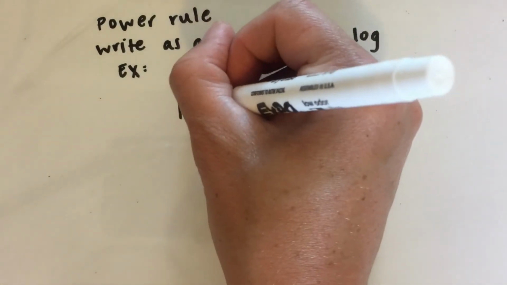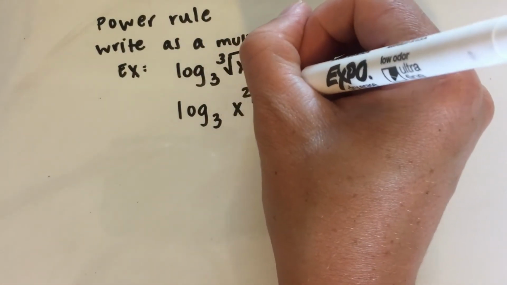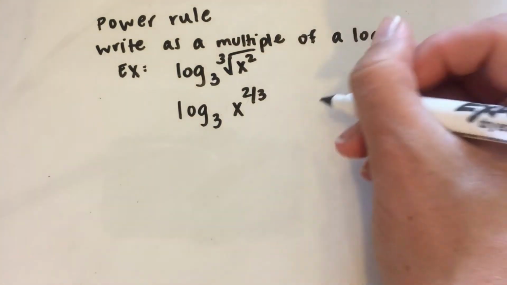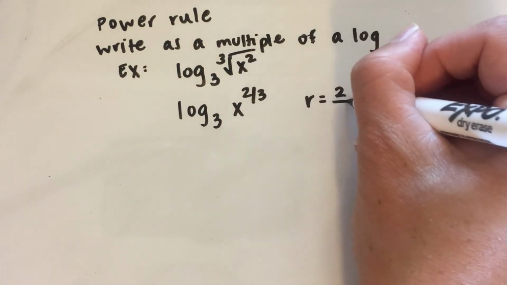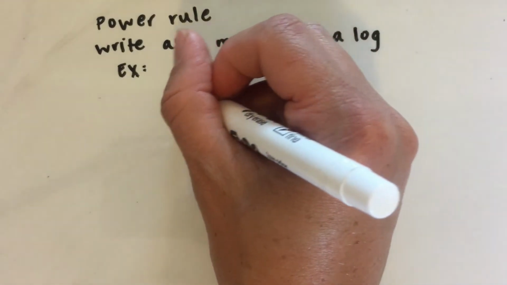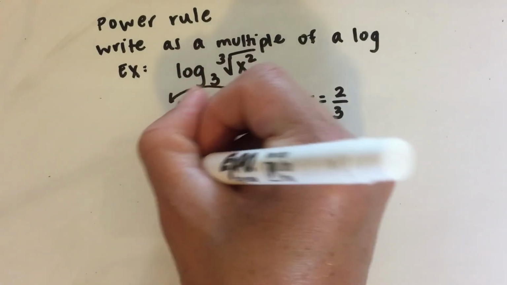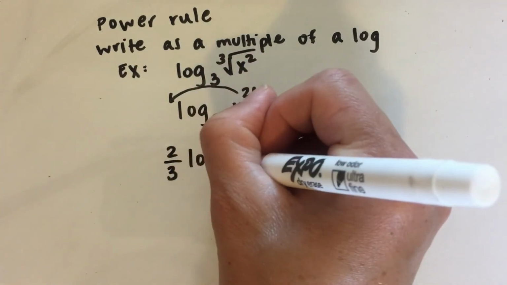So we can rewrite this as log base 3 of x to the 2 divided by 3. And then we can multiply that power to the front and we get 2/3 log base 3 of x.